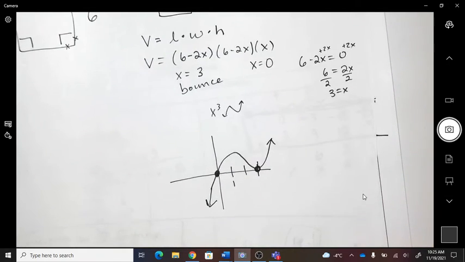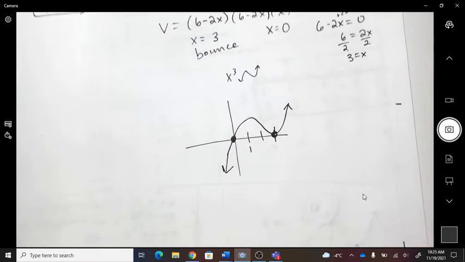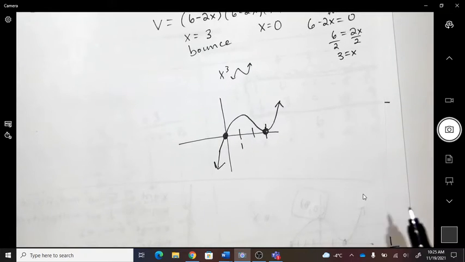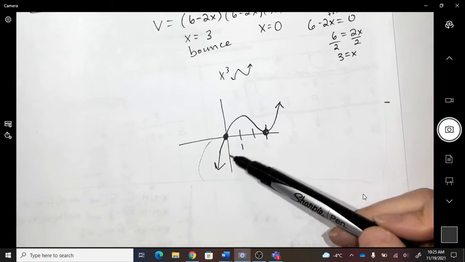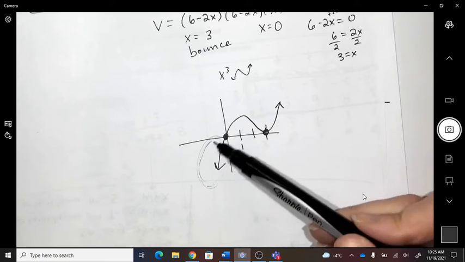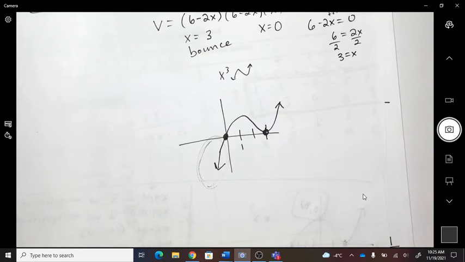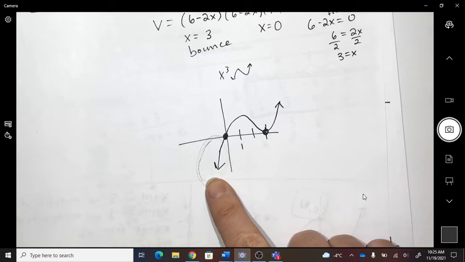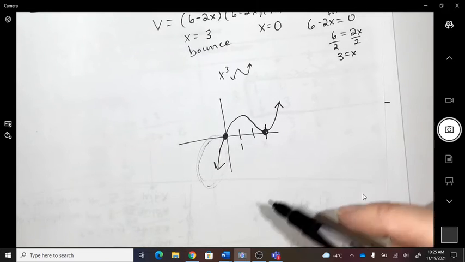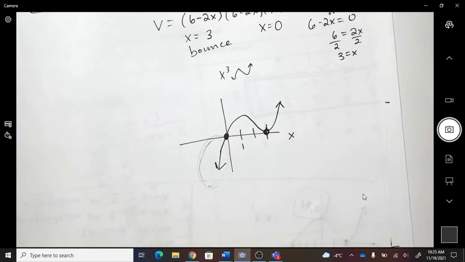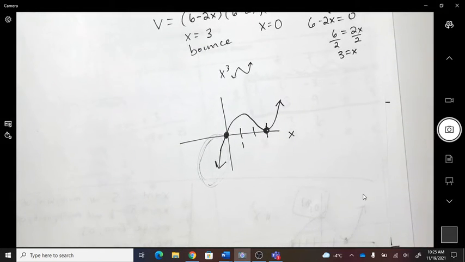Okay, discuss the domain. Okay, so first of all, tell me about this part of our graph. Can I have that part of our graph? So this is x, so this is representing the amount that I cut off.